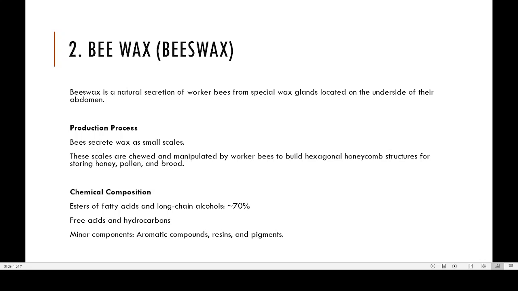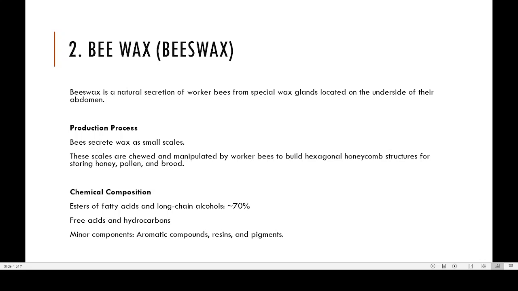Then about the chemical composition of beeswax, it is mainly fatty acid and long chain alcohol. 70% of this wax is a combination of fatty acid and long chain alcohol, or in chemistry we call it an ester, a combined product of fatty acid and long chain alcohol.